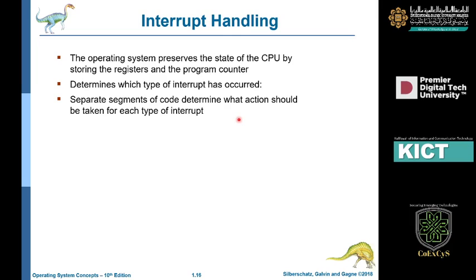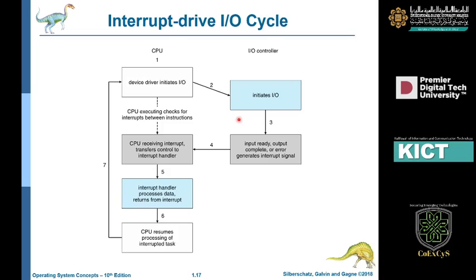So it knows what kind of interrupt it needs to run based on the code of who gives the interrupt, etc., right? So an interrupt driven IO cycle works in such a way that a device driver initiates an IO, right? And the IO controller initiates the input output, and when the input is ready, it will produce the output or generate an interrupt signal, right?